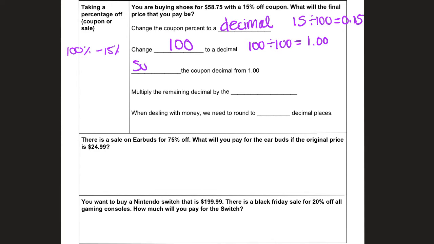Then we're going to subtract. Since you're doing a coupon or a discount, that's less money, so we subtract. So I'm going to take that 1 minus my discount amount, which leaves me with 0.85.